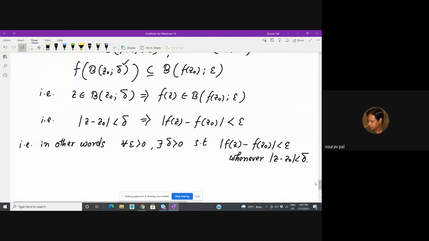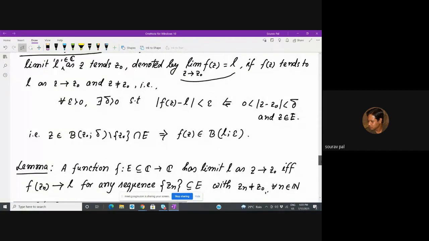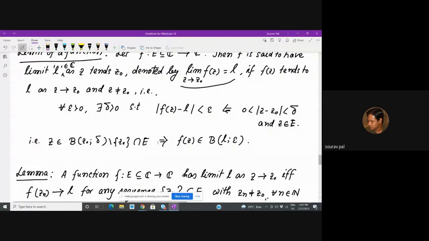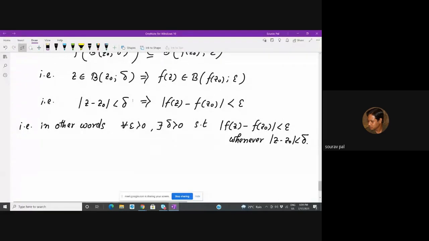Now, if you want to have it in terms of the limit of the function, if you just look at the definition of limit here, if z belongs to the deleted neighborhood, then f(z) belongs to this neighborhood. Here we have: z belongs to this neighborhood implies f(z) belongs here.